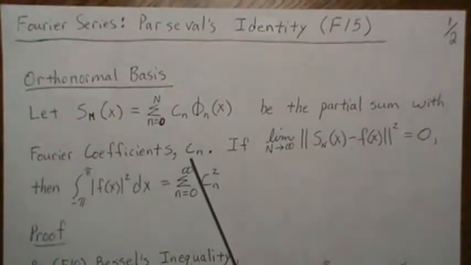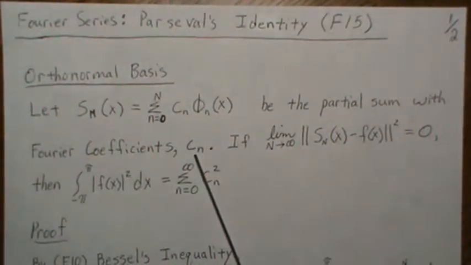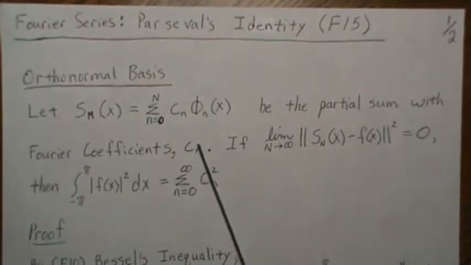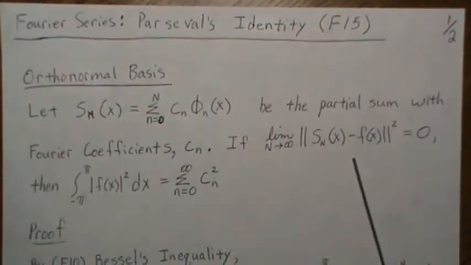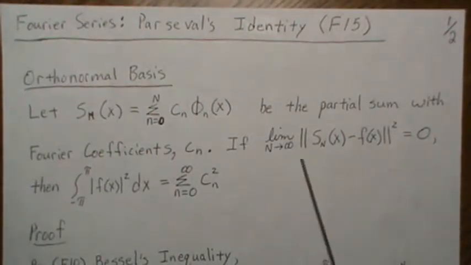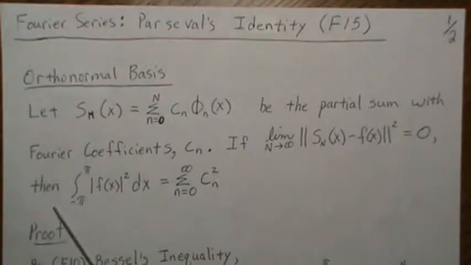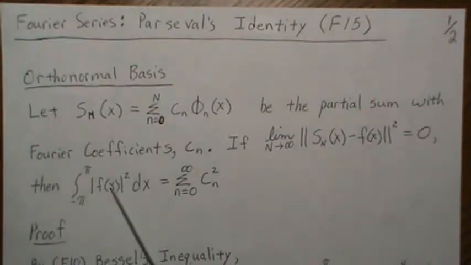And that is where, in video 4, we talked about orthogonality and how we derive the Fourier coefficients. So if this squared distance between these two functions is 0 in the limit, then this identity holds. So the sum of the coefficients squared is equal to the integral of f of x squared.